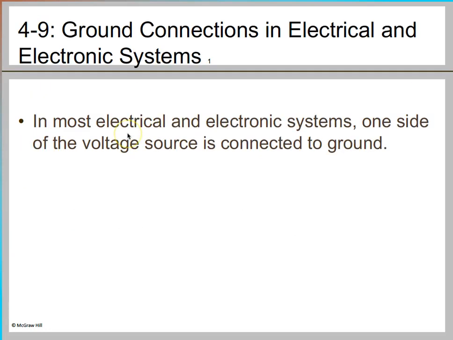Now next is ground connections in electrical and electronic systems. It is important to have a ground connection when you're building a circuit. Ground connection basically goes to the equipotential surface, which is your earth, and at any point on the earth the potential is zero, which means your voltage is zero. How is that possible? You can assume the earth is a copper ball, and anything connected to that ball has basically zero resistance.